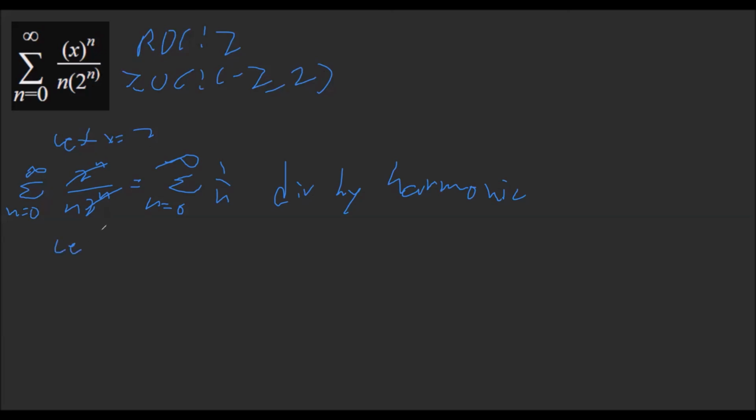Now we have to test when x is equal to -2. So we're going to write our infinite series with -2 in place of x. So the infinite series from n equals 0 to infinity of -2 to the power of n over n times 2 to the power of n is indeed equal to the infinite series from n equals 0 to infinity of -1 to the power of n times 2 to the power of n over n times 2 to the power of n.